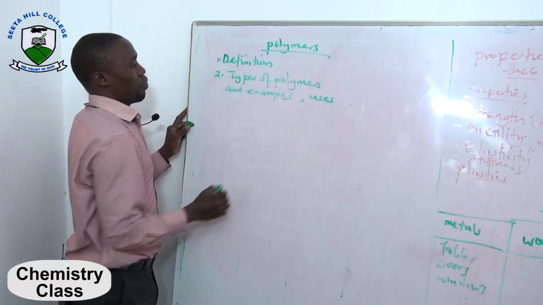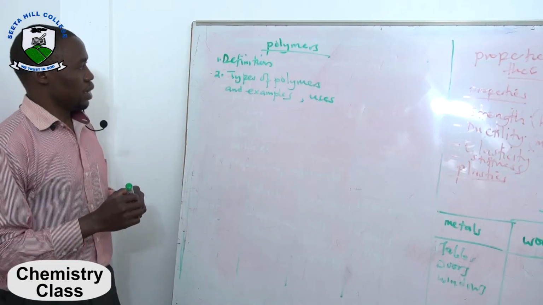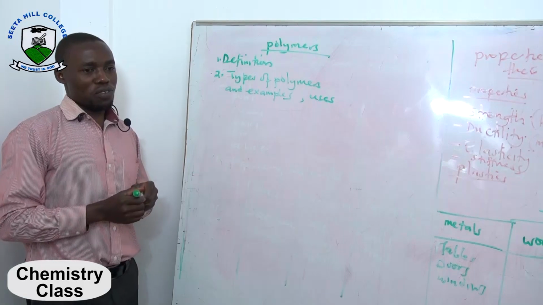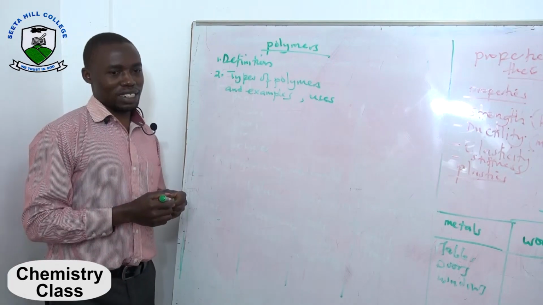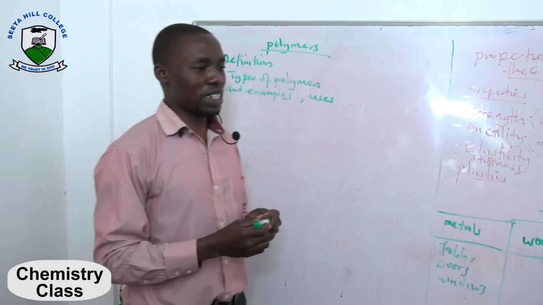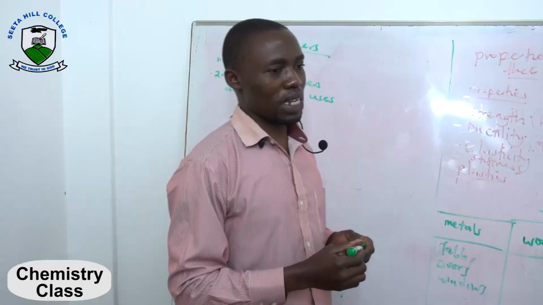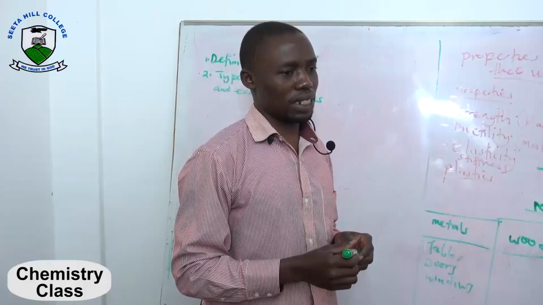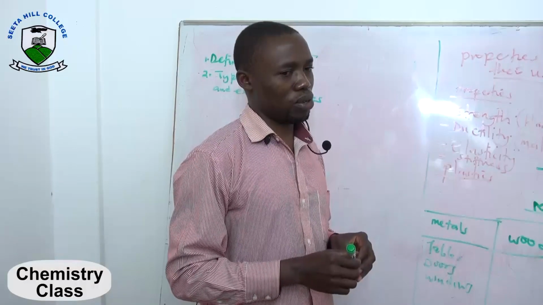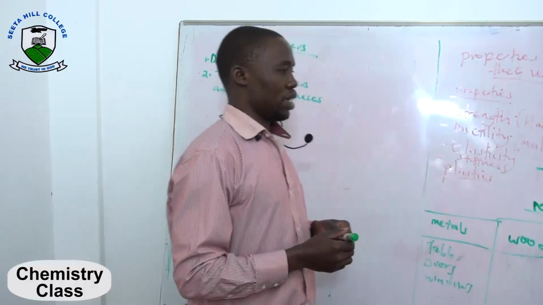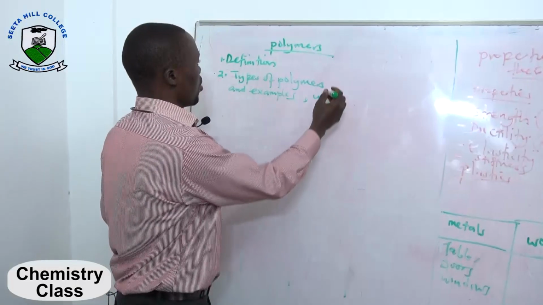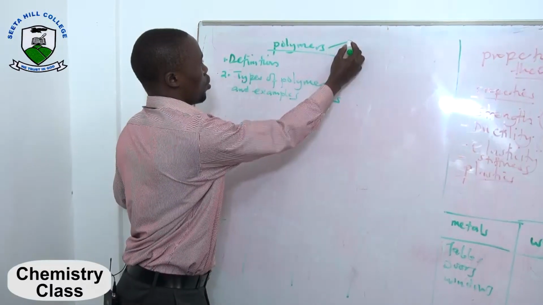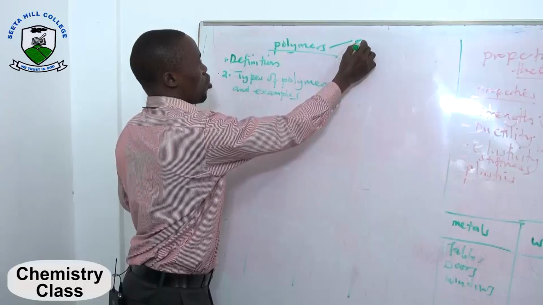Now, we have said a polymer is that substance or material that is made from very many small substances. Now, a polymer is made from small substances called monomers.